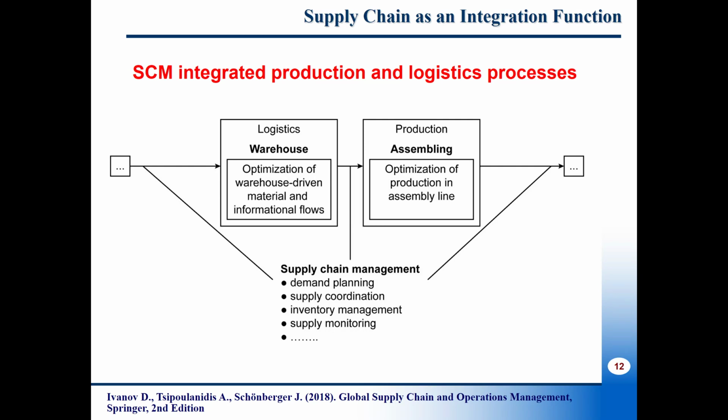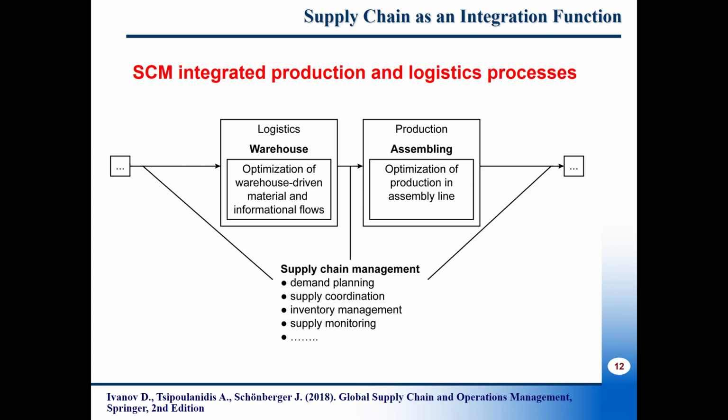And therefore, what supply chain management functions are involved in this operation? It includes demand planning, that is a plan made by the teams, or furthermore by the marketing department, to decide on how many to produce. And then supply coordination, meaning how much logistics or the warehouse should deliver raw materials to production.